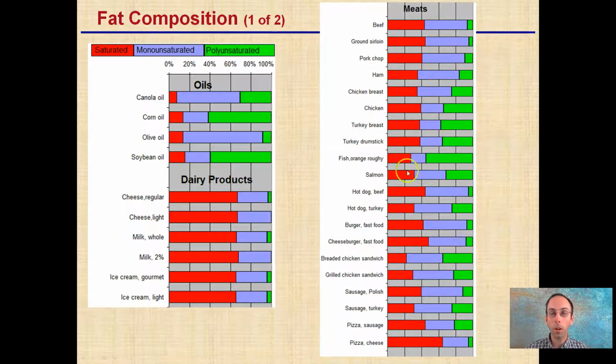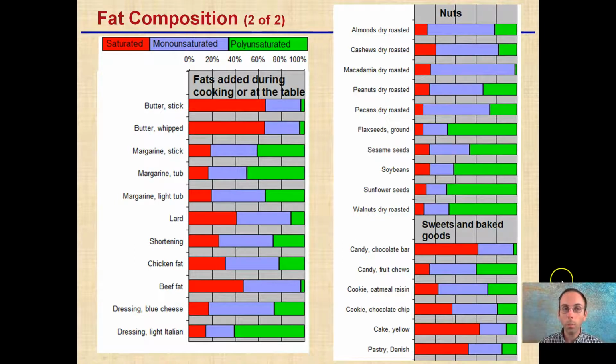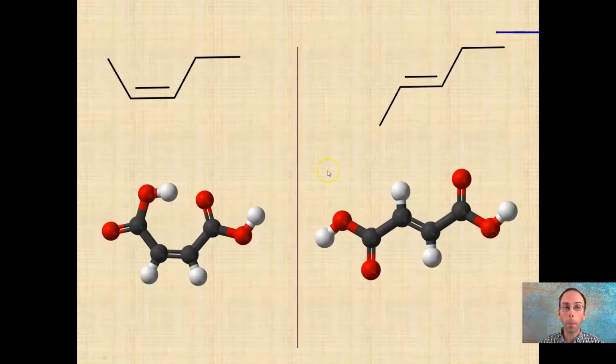And here are some other meat products just to give you that general comparison. Looking at some other classifications, we have our nuts, sweet and baked goods, and you can see on a quick comparison the change in the amount of polyunsaturated fats. And same here, butter, very high percentage of saturated fats. So again, just a good comparison and a good resource to look at.